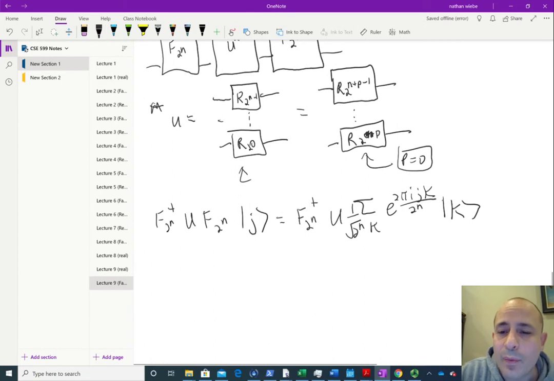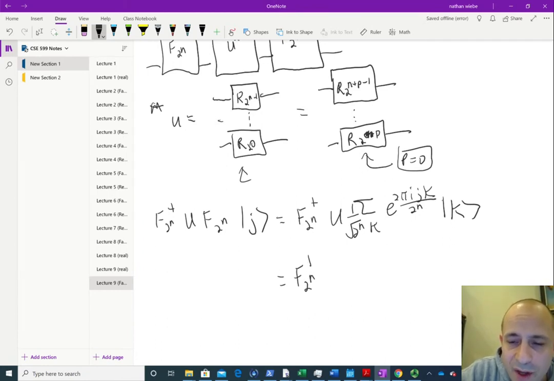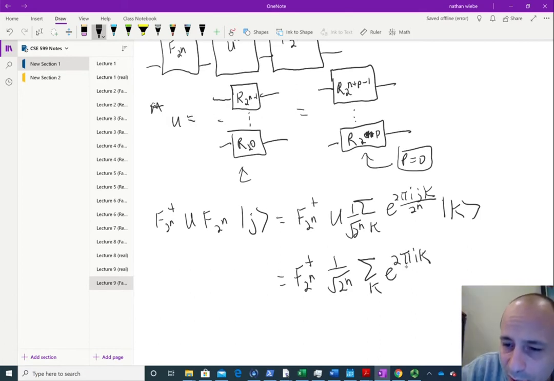All right, great. Now we're going to do the same binary expansion and recompression trick, and we end up getting that this is F 2 to the n dagger 1 over root 2 to the n sum over k e to the 2 pi i k over 2 to the n.